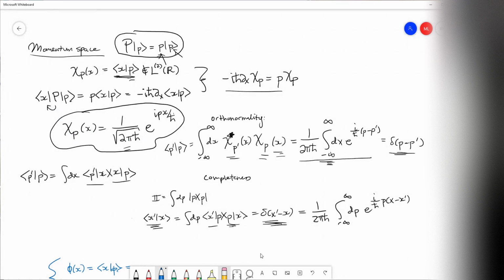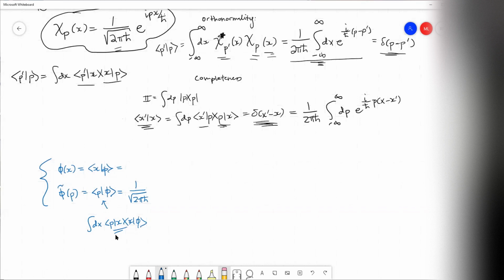So it's e to the minus now, since it's the complex conjugate. Here we go. It's the integral from minus infinity to infinity dx e to the minus i p x over h bar, and this is just the wave function, phi of x. Same thing for the other one. We could stick in a completeness over the p's. And what we get is a relationship between the wave function and this guy.